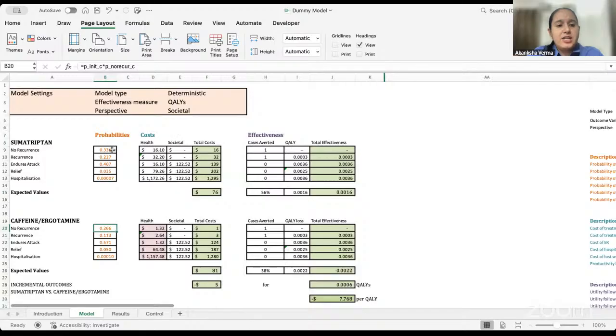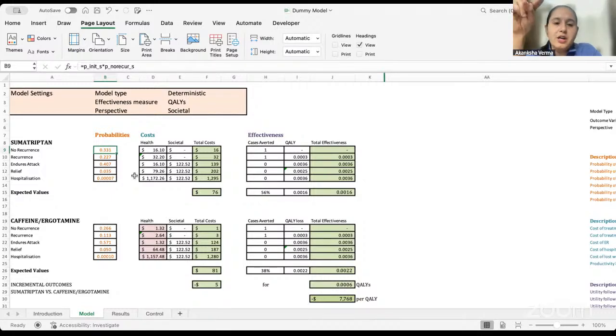So maybe you can change your probability of no recurrence. Maybe you have two literature sources, and one was reporting the probability as something, and the other was reporting the probability to be something else, and you want to test which one you should use.